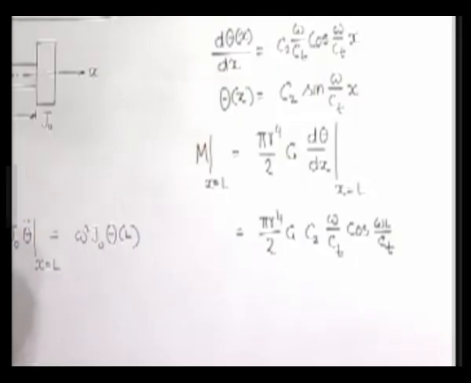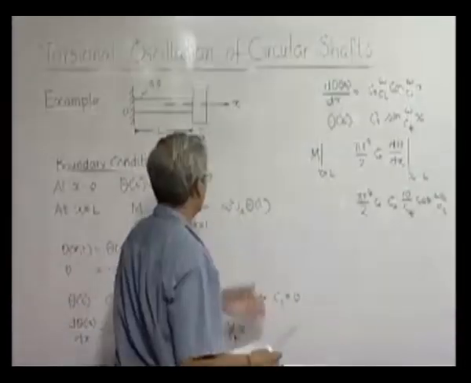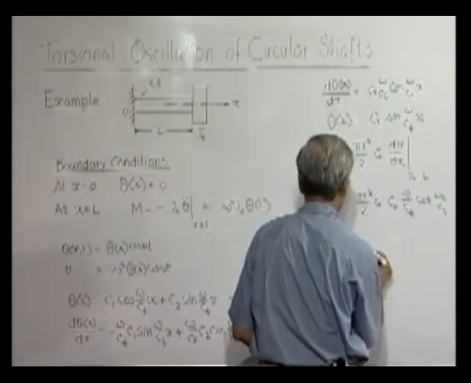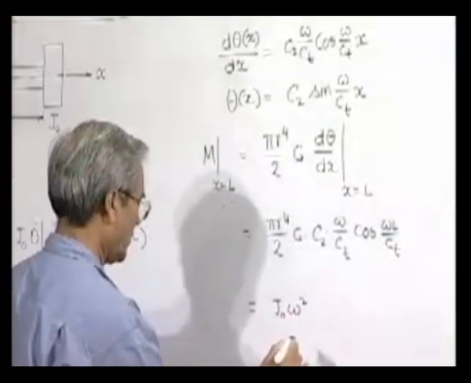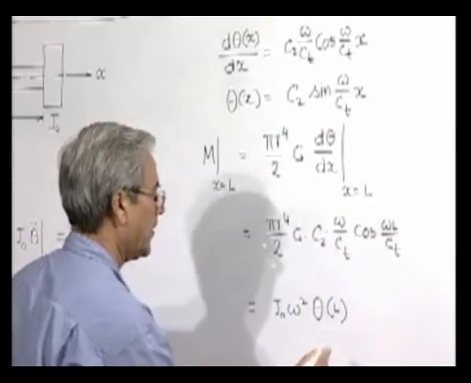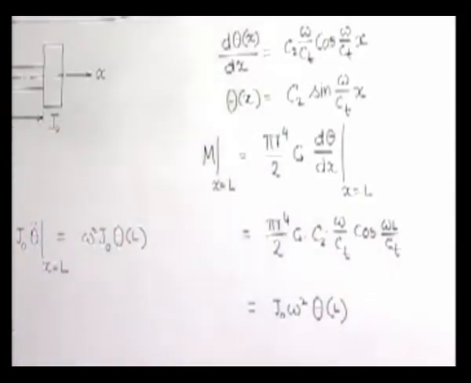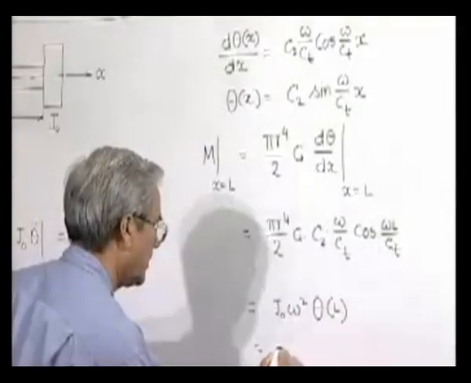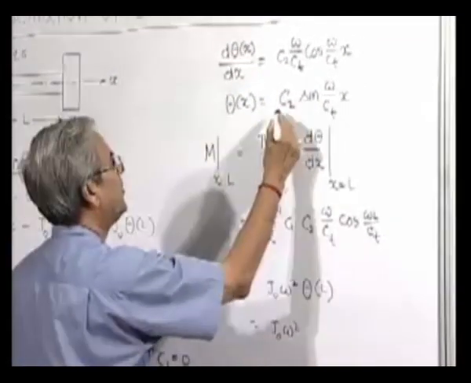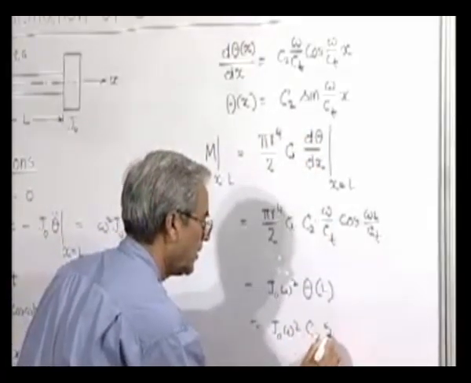and this we have found out already, which is equal to J0 omega square theta L, and theta L will be nothing but C2 sine.